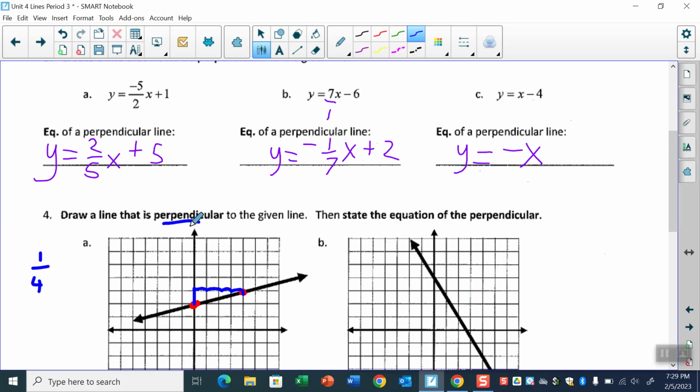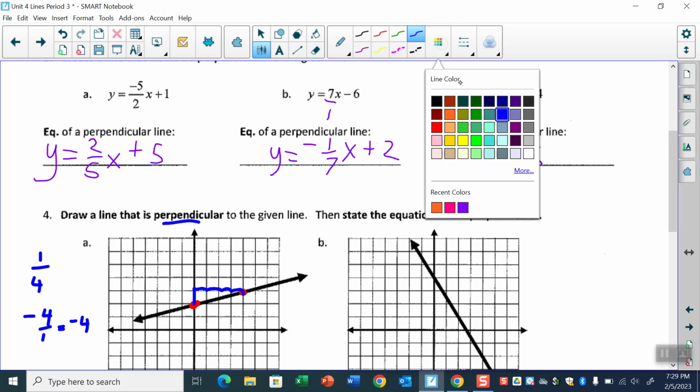So my perpendicular line is going to be negative 4 over 1, or negative 4. So if I'm going to draw that line, I'm going to start at this point here, and I'm going to go down 4, right? Let me get a different color.